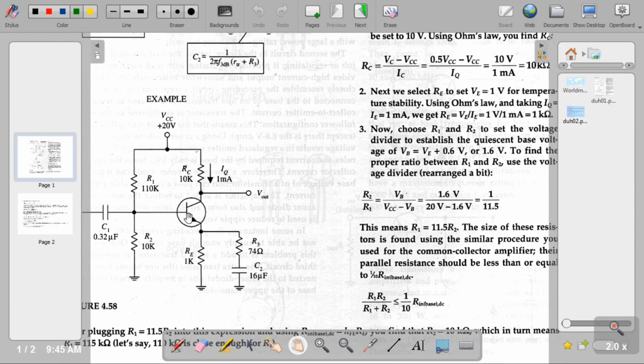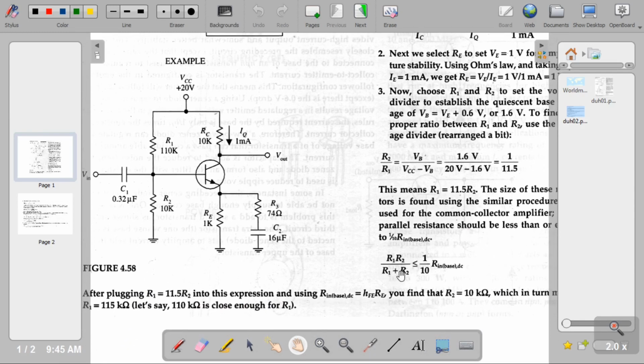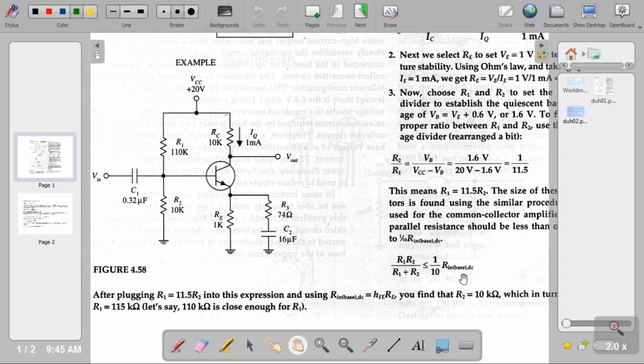So he's going to say that R1 in parallel with R2 is equal to 1/10 of R in base DC, and that gives you the two equations, and from those two equations you get R1 and R2. Okay, so that's the problem: how do you get this thing? Where does this come from? So we're going to look into that.